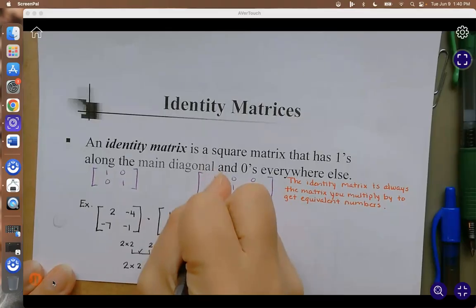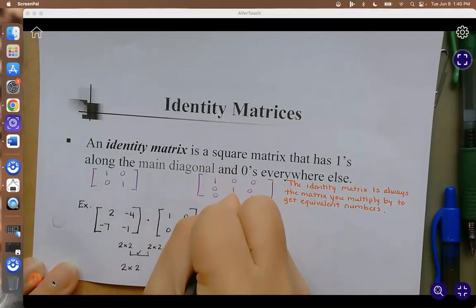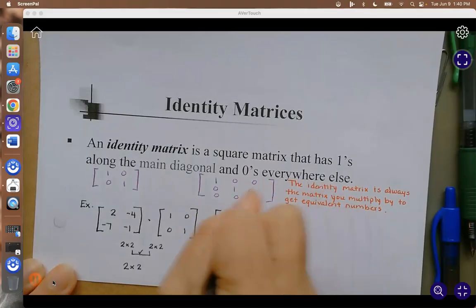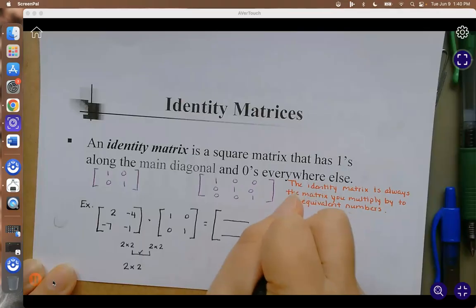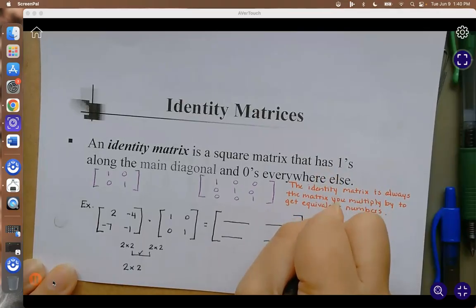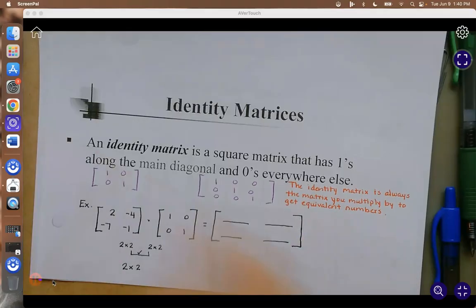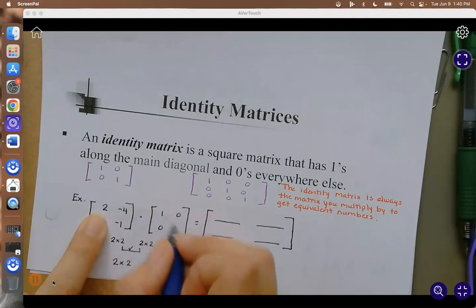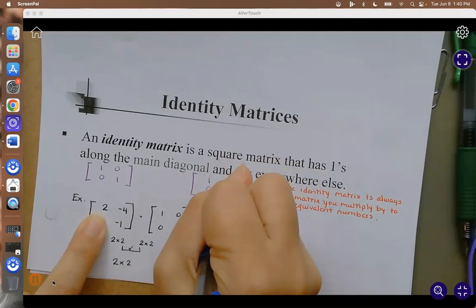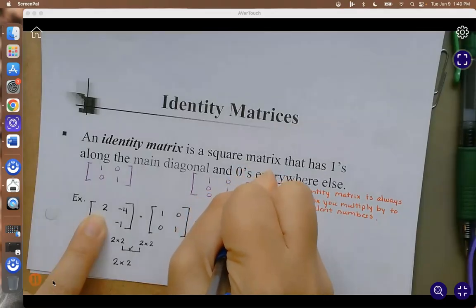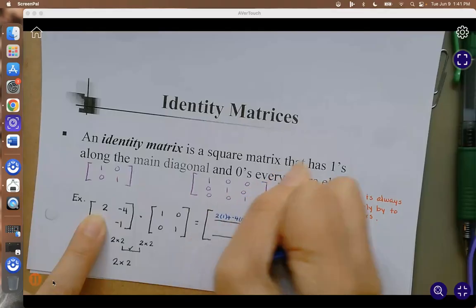Okay? Now, please remember how you're going to do this. You're going to multiply the first row by the first column. So 2 times 1 plus -4 times 0.